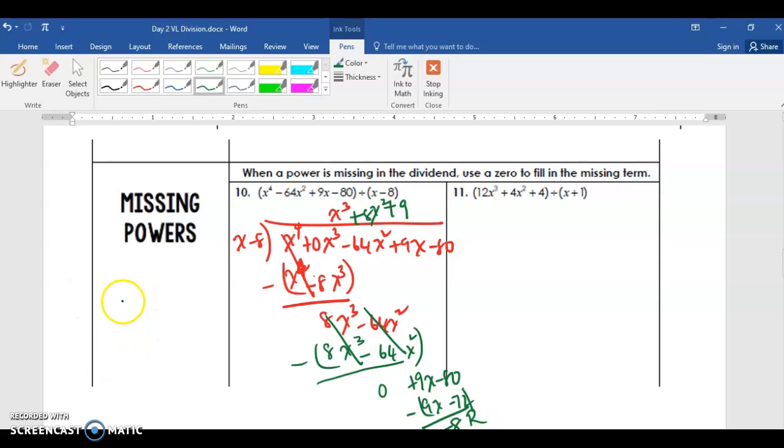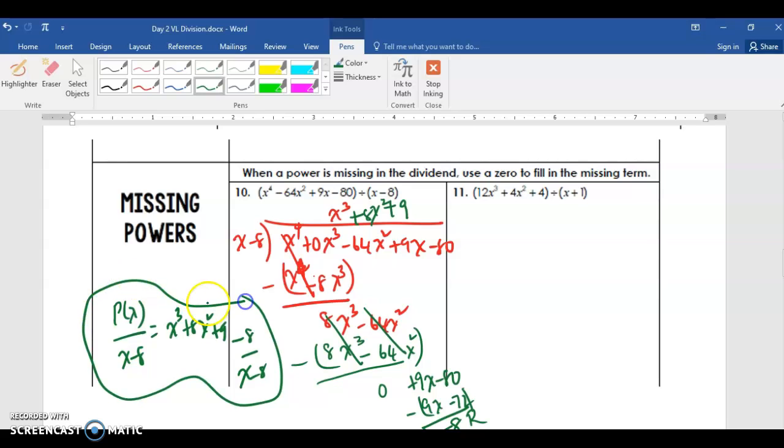So the answer would be p of x divided by x minus 8 equals x cubed plus 8x squared plus 9. Since it's a minus here, minus 8 over x minus 8. So that's the answer. Okay, I hope this long division video will help you.